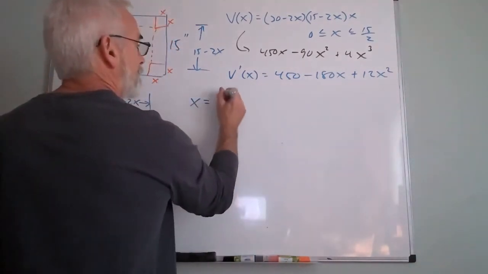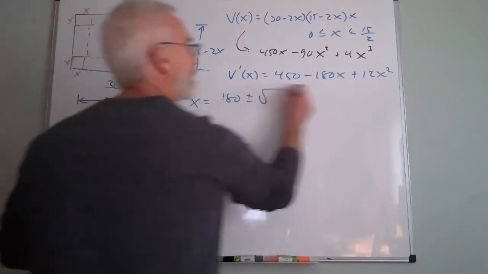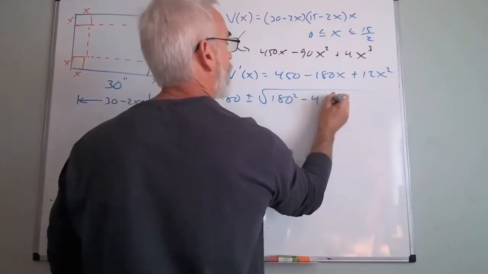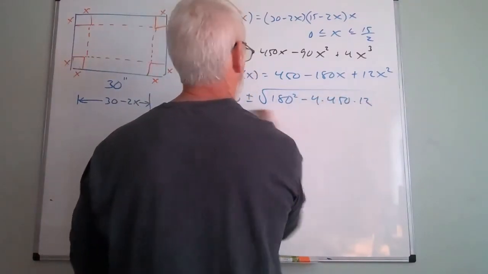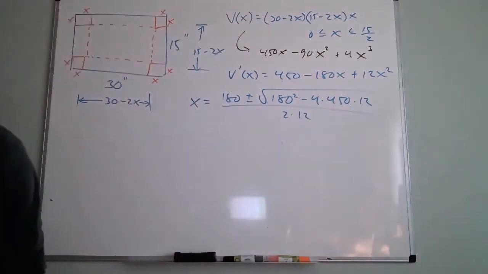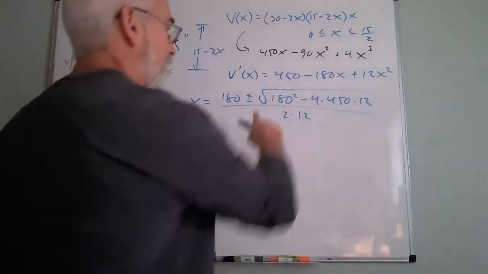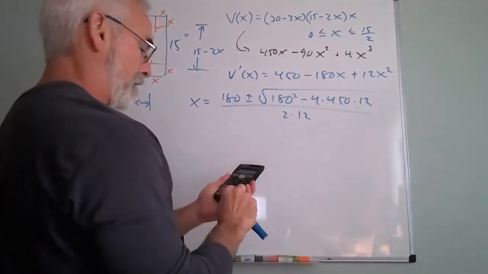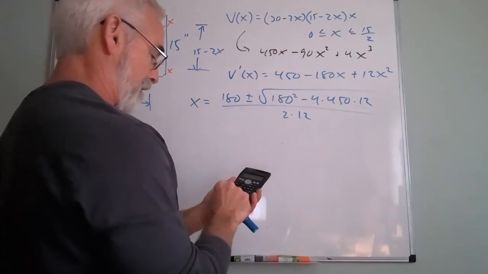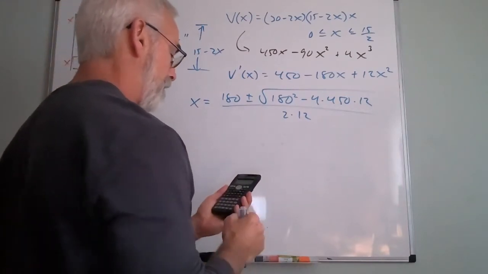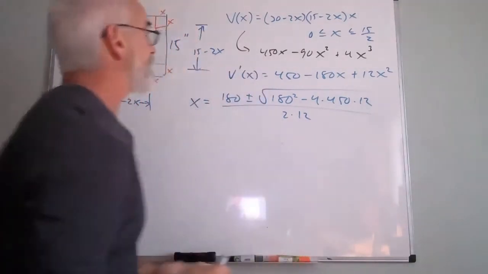So x is 180 plus or minus the square root of 180 squared minus 4 times 450 times 12, all over 2 times 12. All right, so let me get out my calculator. You don't need to do that in your head, but you do need to do that. So 180 squared minus 4 times 450 times 12. Okay, so is that right?